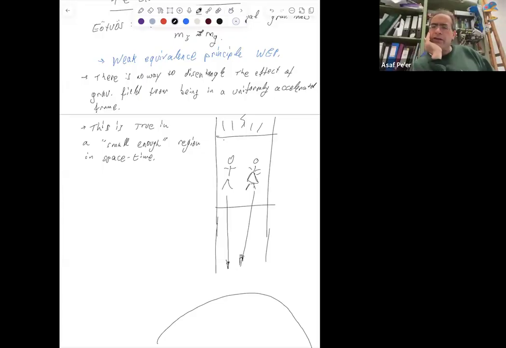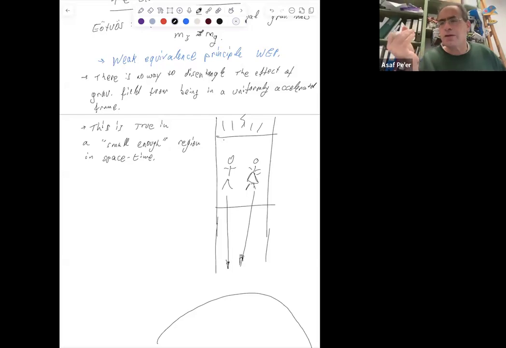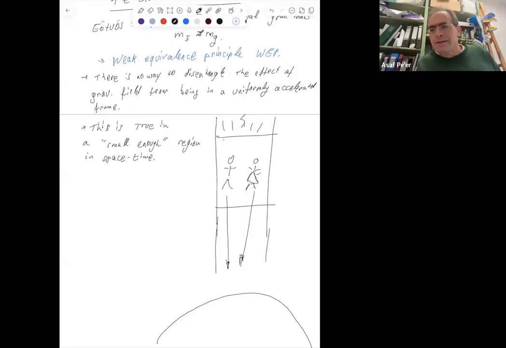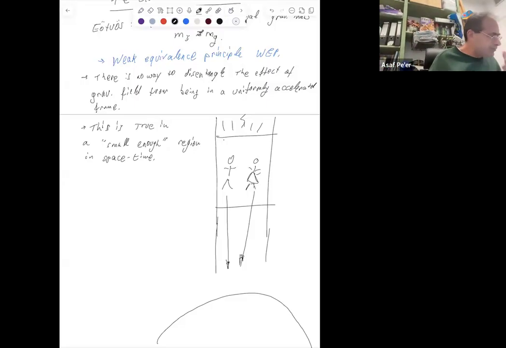Yes, locally flat. Yes, exactly. That's what it means. How small, of course, depends on the strength of the gravitational field, etc. So I cannot specify exactly how small, but locally. Okay. So of course I have to add here: in a small enough region of space-time.